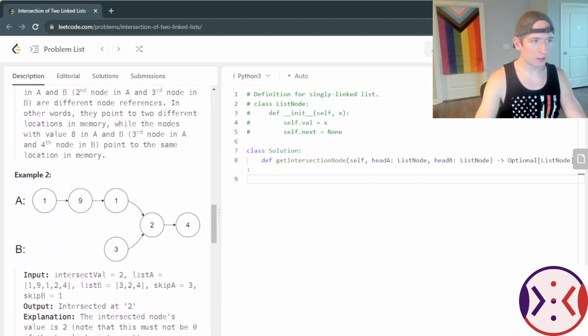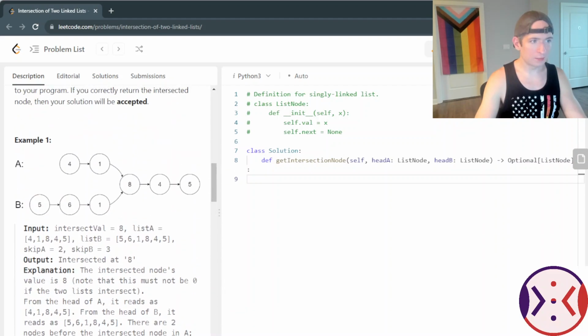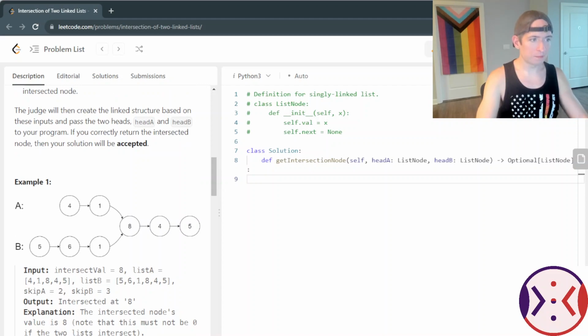And so looking at the examples with the intersection, what's apparent to me is if we're going to detect this efficiently, we really need them to meet at the same time.